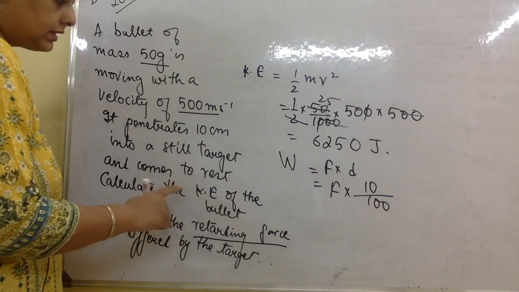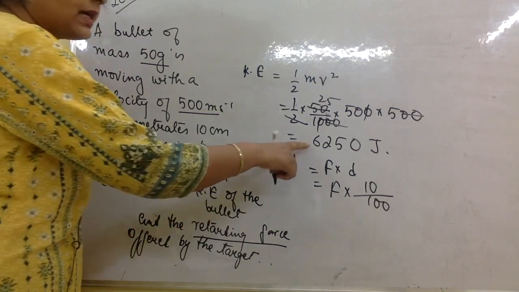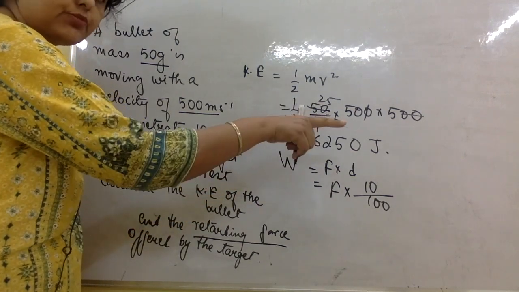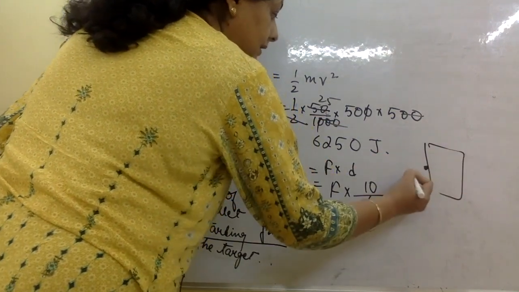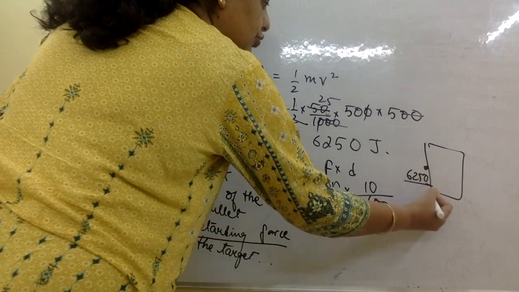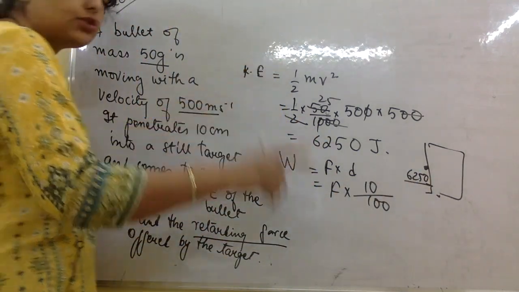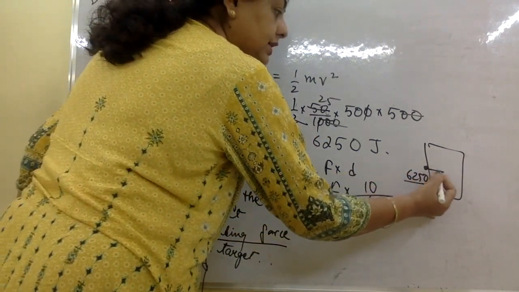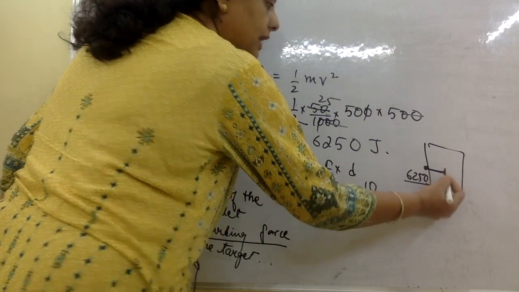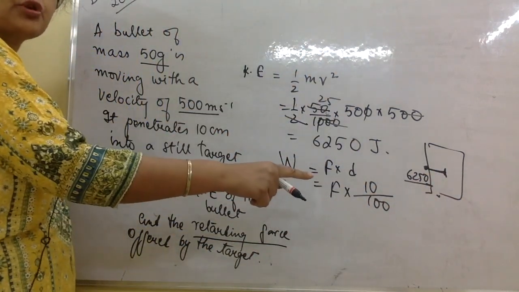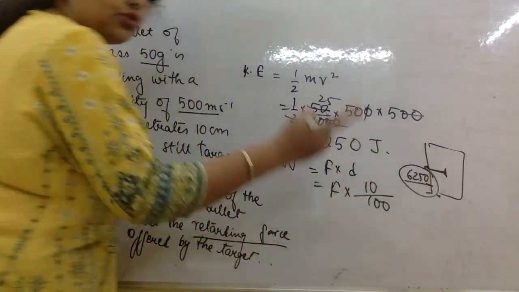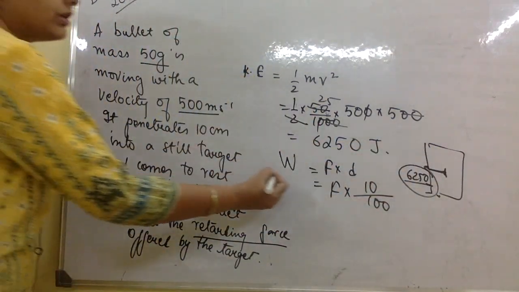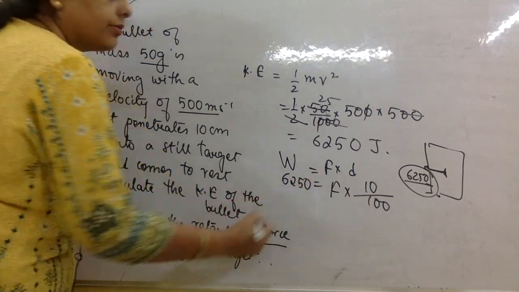Work is equal to the kinetic energy the bullet was possessing at that time. So when the bullet hits the target, it has 6250 joules kinetic energy. This 6250 joules kinetic energy is being countered by the target and finally brought to a stop. So the work done by the target is also this many joules. Okay, so here we'll write 6250, remember.